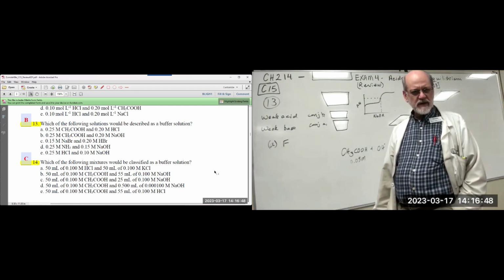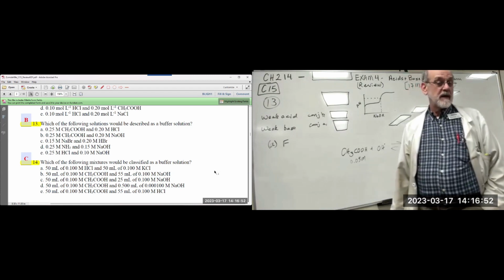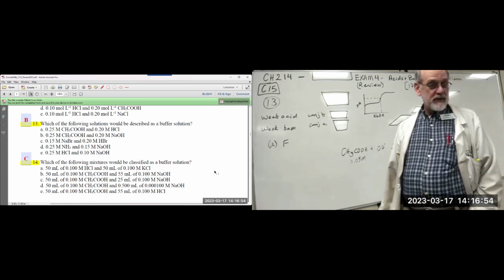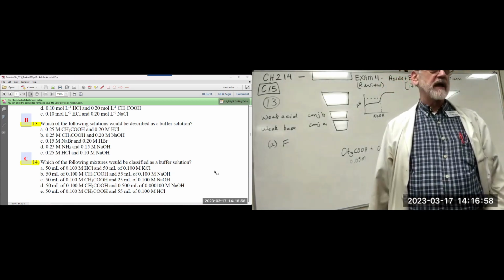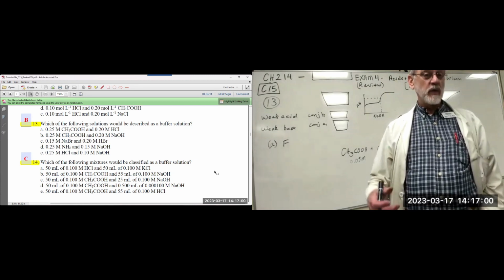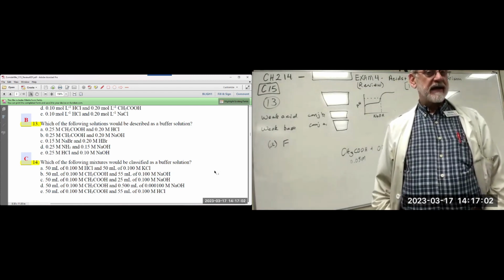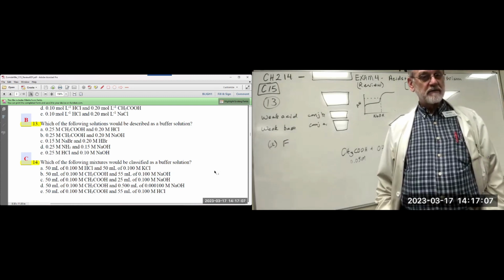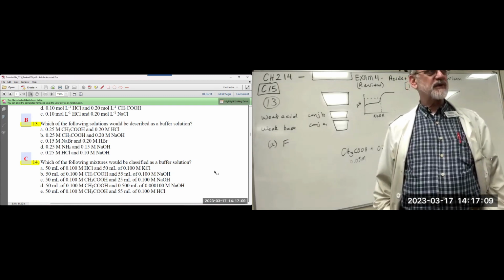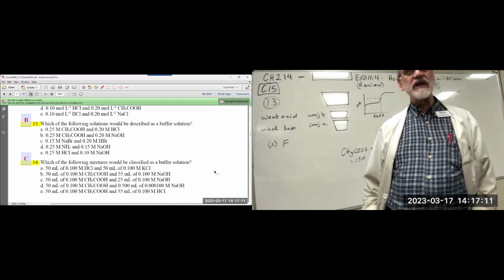C would be sodium bromide and hydrobromic acid. All right, that would be okay, except HBr is a strong acid. It will not work. It has to be a weak acid or a weak base. Like NH3 is a weak base, right? But we're titrating it with a base. That's not going to produce ammonium.